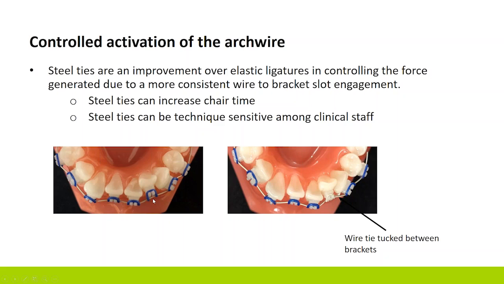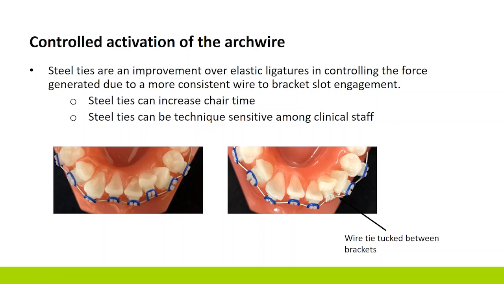But let's take a look at, okay, I could just steel tie something. Well, you can, and you can mimic that amount of deflection that you've seen in self-ligation. It's probably not identical because remember, you're not pushing against the slot. But then you've got all these little ties that you've got to tuck in between. Do your patients ever have problems with those steel ties?